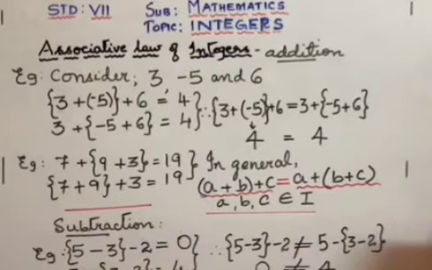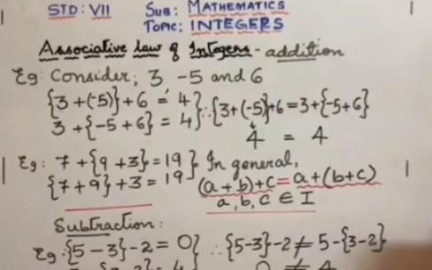You can see for subtraction, I have taken the example 5, 3 and 2. 5, 3 and 2 are the integers. Now we have grouped 5 minus 3 and then minus 2. So what is 5 minus 3? 5 minus 3 is 2, children. So 2 minus 2 is 0. Do you all agree with me?